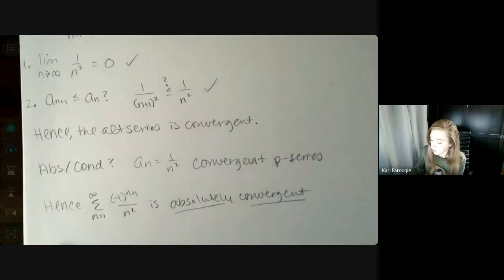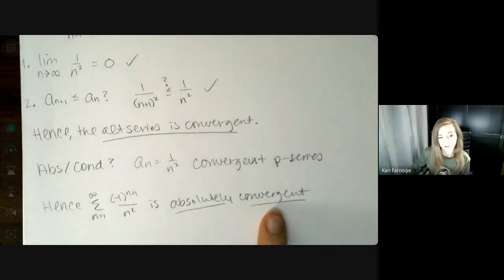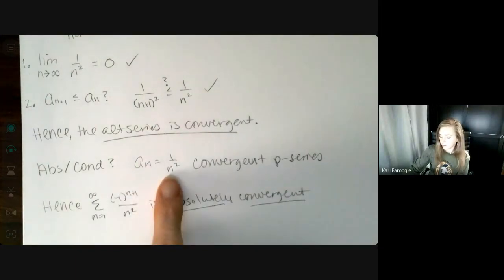Some of your homework questions are just going to ask you, does the alternating series converge or diverge? Others are going to ask you some additional pieces to this, like is the convergence absolute or conditional? Conditional convergence would be if your a sub n diverged.